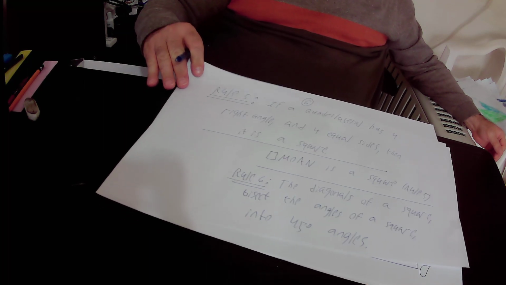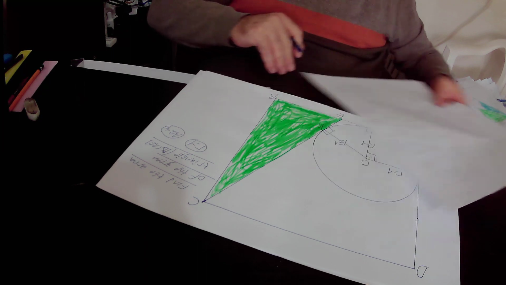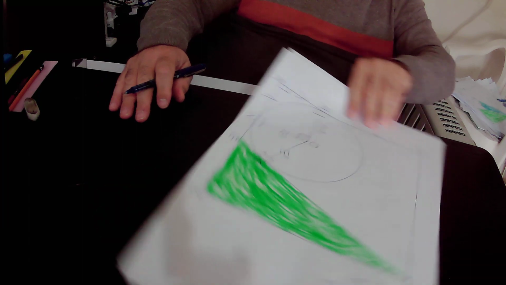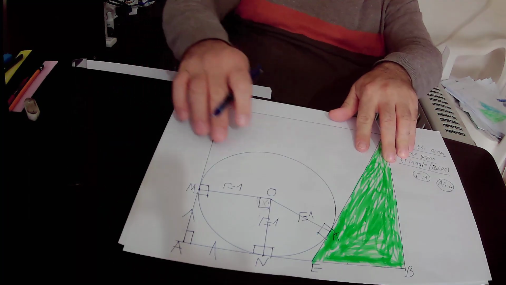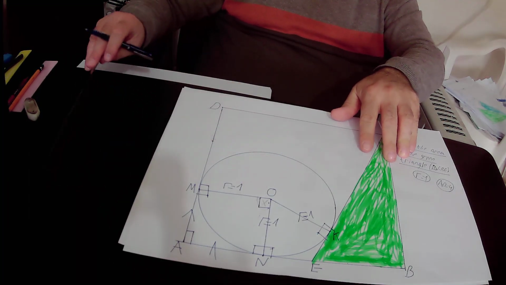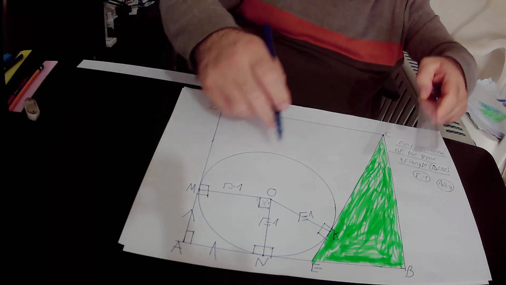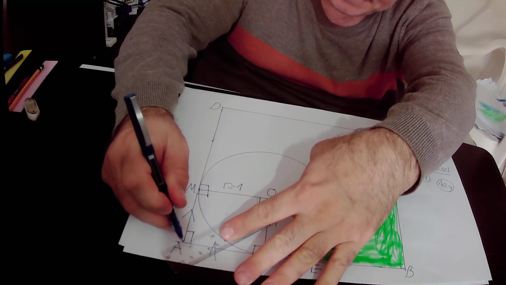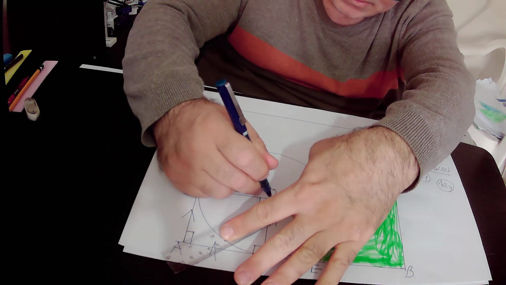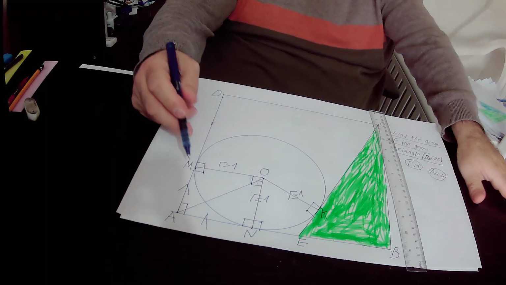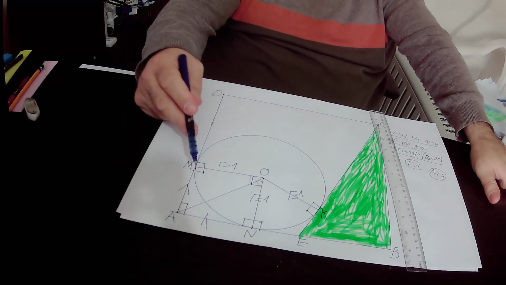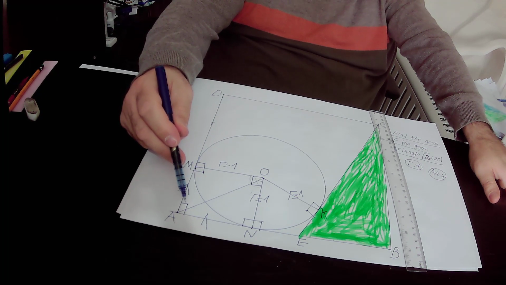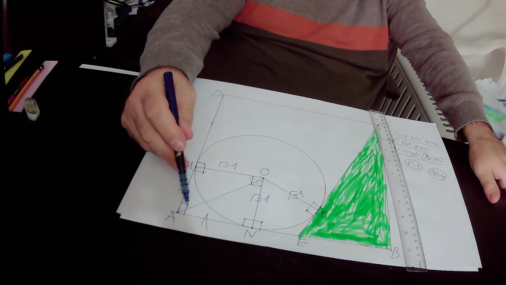So what is the meaning of rule number 6? The meaning of rule number 6 is that if we relate to square MOAN, then its diagonal OA bisects this angle into two angles of 45 degrees.